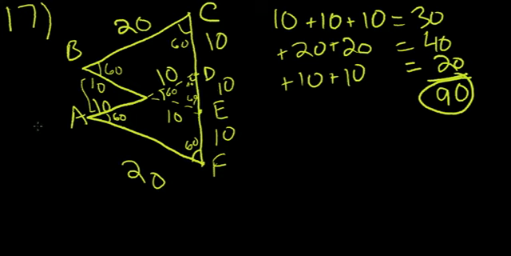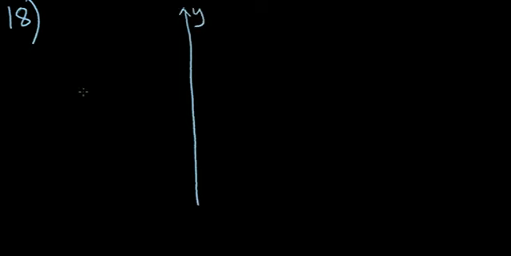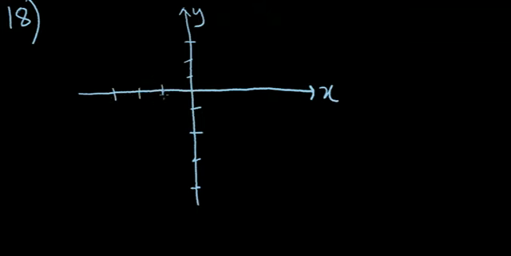And we're going to finish up the last problem right now, hopefully. So let's do it. Number 18, and there's a parabola here. So let's draw the graph. Y, X, and 3 up here, 2 here, and okay.